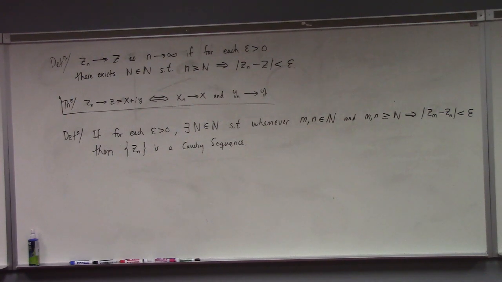So a Cauchy sequence is one for which you can make the difference between elements far out in the sequence as small as you like by simply going out as far as you like. That's a Cauchy sequence.